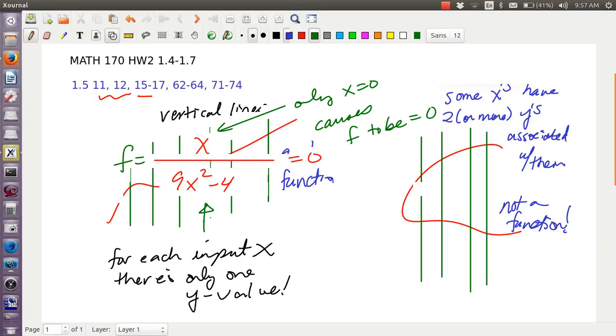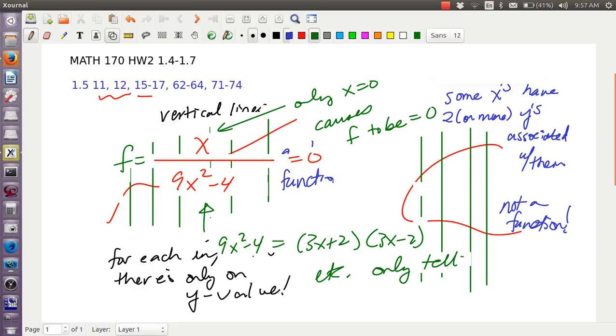Down here, if you solve for 9x squared minus 4, which is 3x plus 2, 3x minus 2, etc., it will only tell you when f of x is equal to plus or minus infinity.